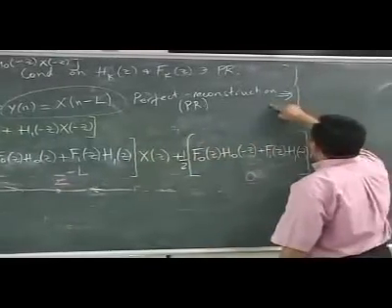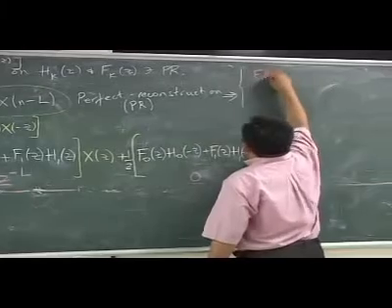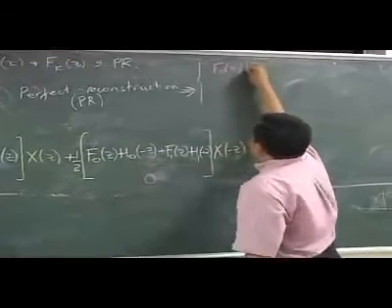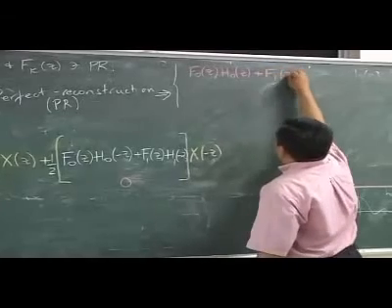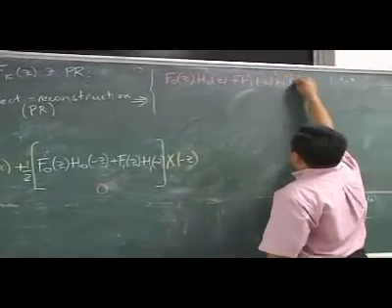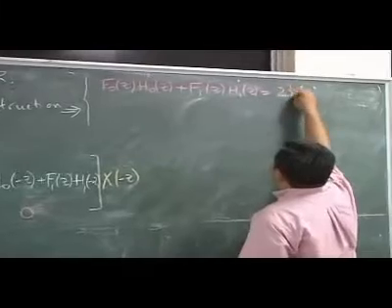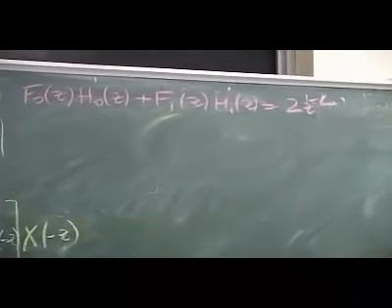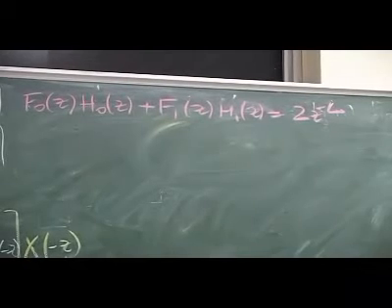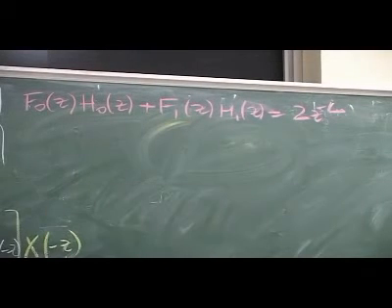So here's the PR condition. F naught, H naught, F1, H1, 2 to the minus L. Right? I want the distortion. This is called the distortion function. Why?